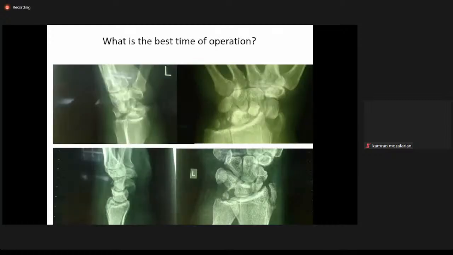What is the best time of operation? This slide is an example of transscaphoid fracture dislocation, and below this slide you can see the results after reduction of this complex fracture dislocation.